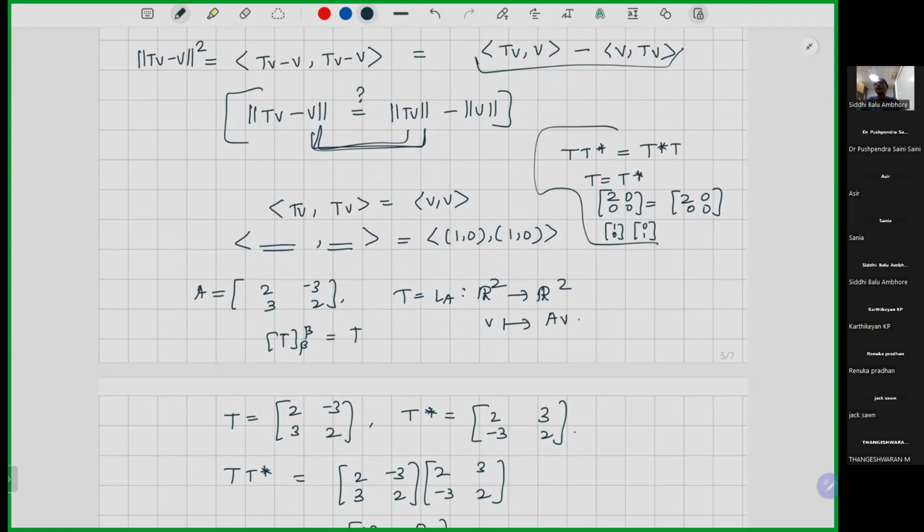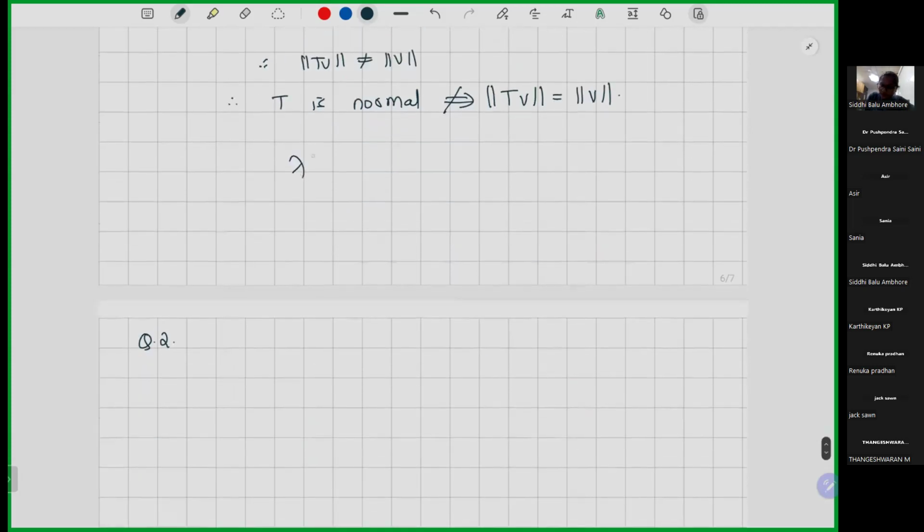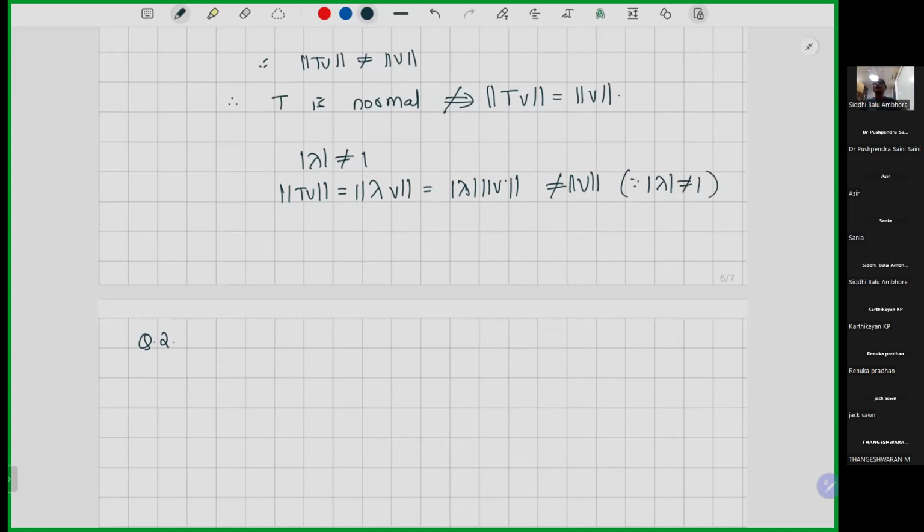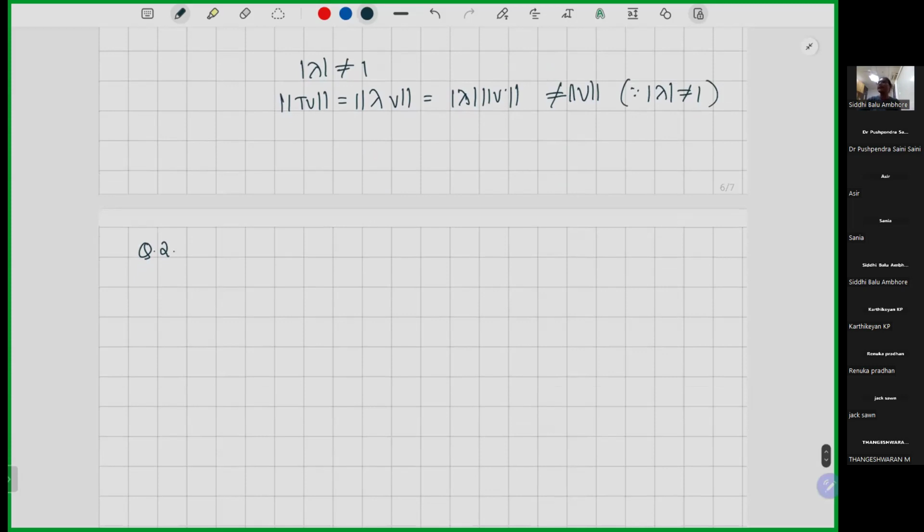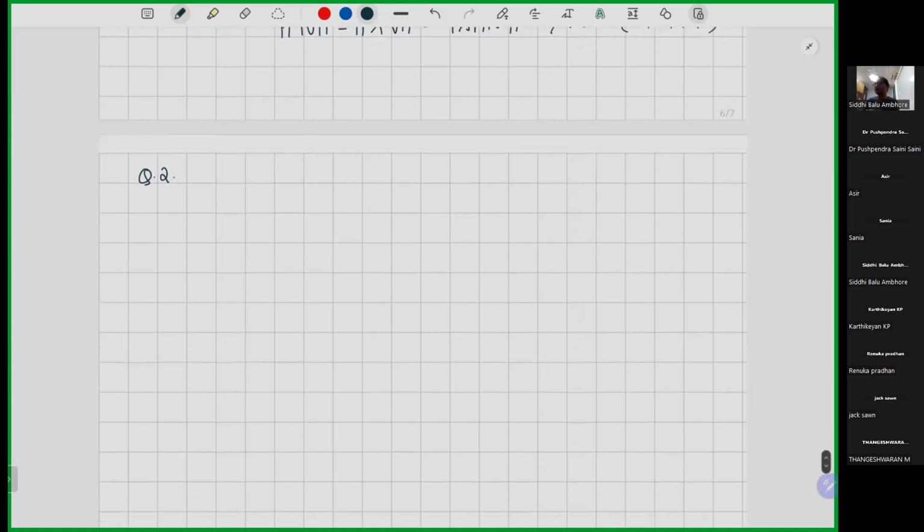You can work with eigenvalues as well, because if mod lambda is not 1, then the norm of TV is equal to the norm of lambda V, which is mod lambda times the norm of V, and this will not be equal to the norm of V. But then you have to choose the linear transformation smartly, so that lambda is not equal to 1, or mod lambda is not equal to 1, and so on. Is it okay? But definitely we can work with eigenvalues and eigenvectors.